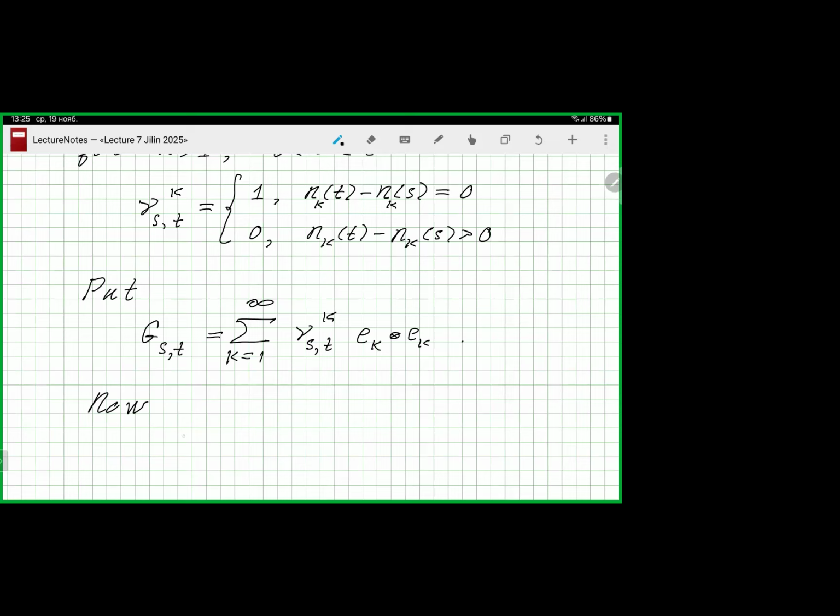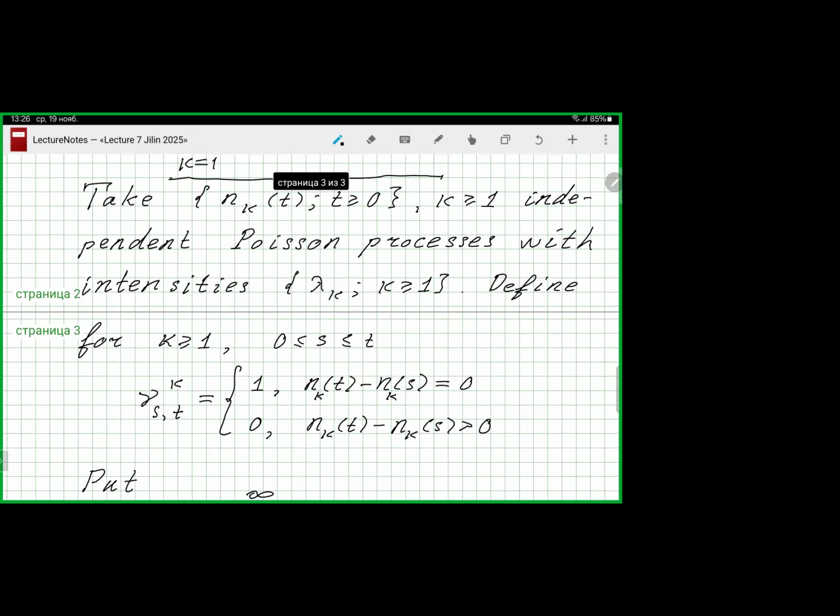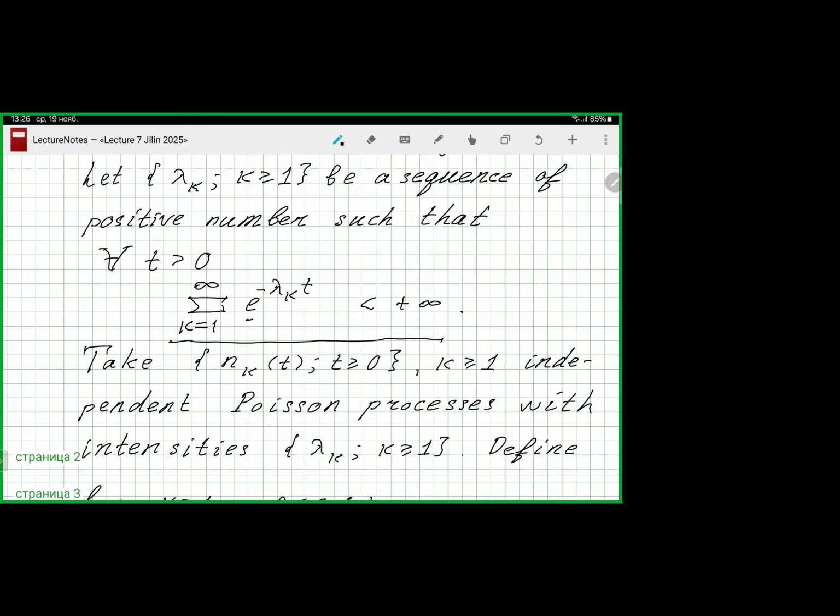Now, the sum from k equal 1 to infinity of the probability that nu_{s,t}^k is equal to 1, so that no events occur, is exactly the probability that on the interval 0,t no events occur from the k-th Poissonian flow.